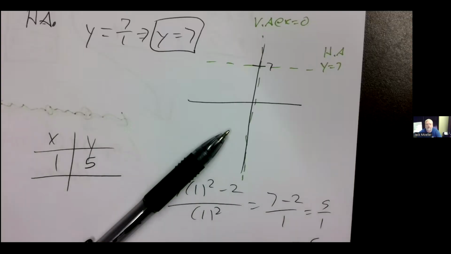Remember, if this had been flipped, or sorry, if this had been like, let's say, x squared on the bottom, then we'd have degree 1 over degree 2. So the degree of the bottom would have been larger, and then it would have been at y equals 0. Now, since there is a horizontal, there is no oblique.